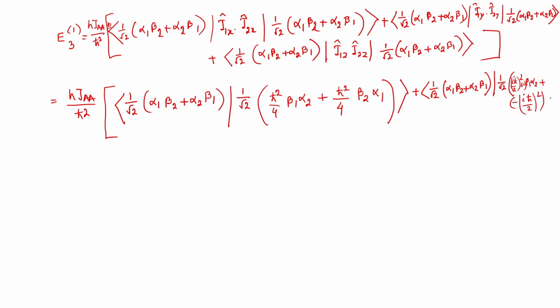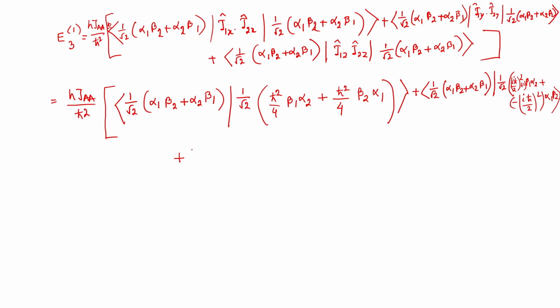Square of this, then alpha 1 beta 2, right? Alpha 2 will become beta 2 and beta 1 become alpha 1, and for one case you will get minus i h cut by 2 and another case you will get i h cut by 2, so eventually this will be solved.